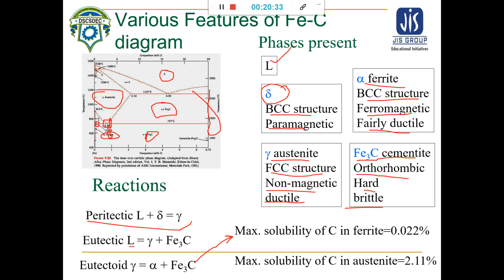That mixture is called pearlite. And the eutectic reaction has a maximum solubility of 2.11 or 2.14. At this position, the eutectic reaction may occur.